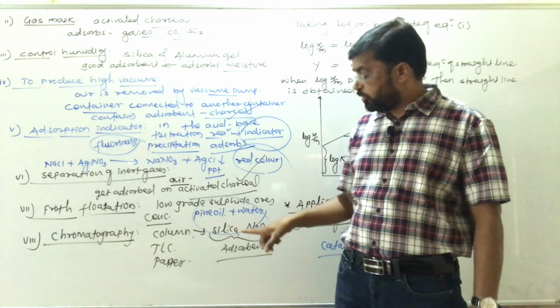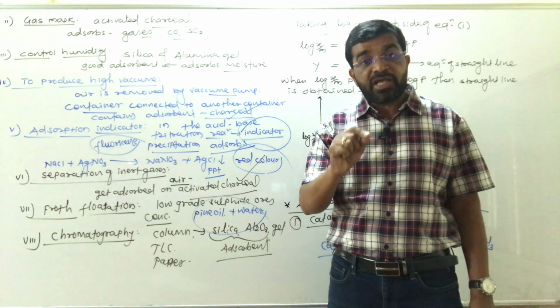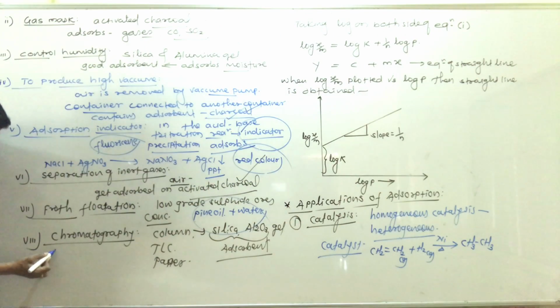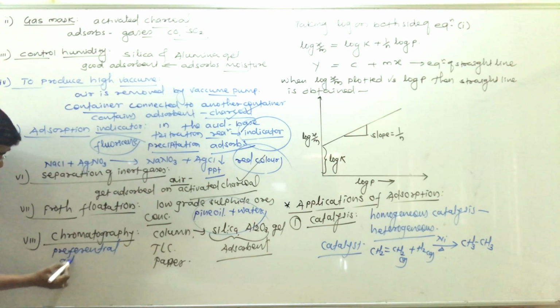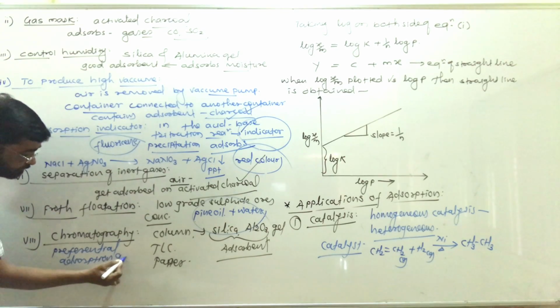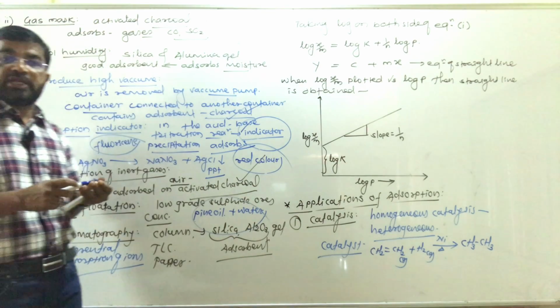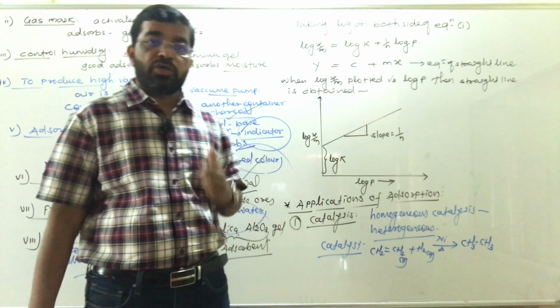So column chromatography is based on preferential adsorption of the ions on the silica gel or alumina gel, and these are nothing but the applications of adsorption.